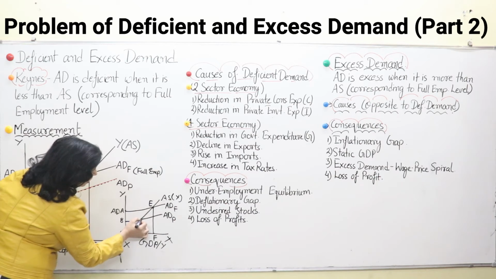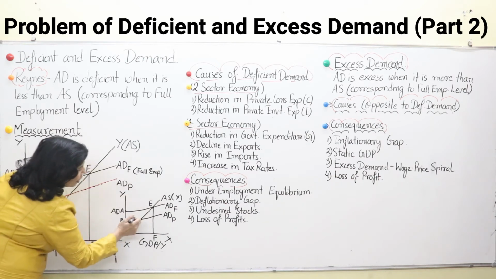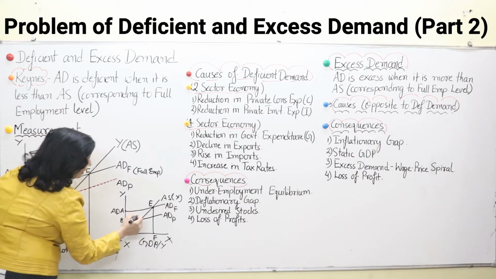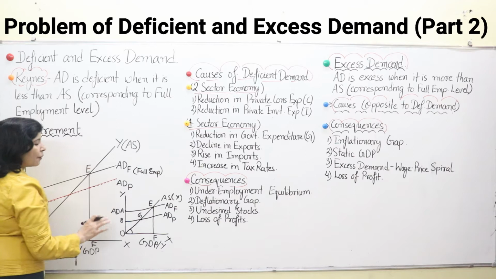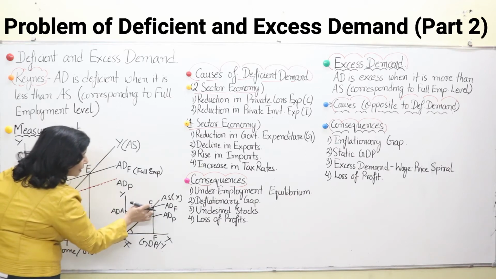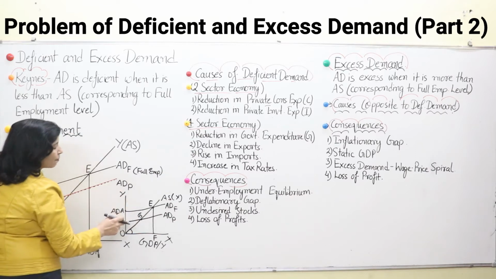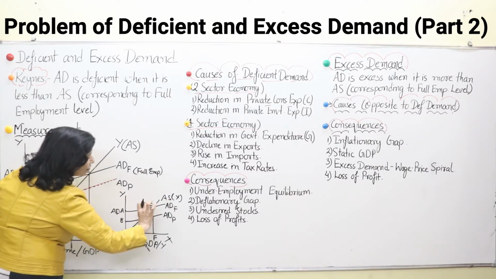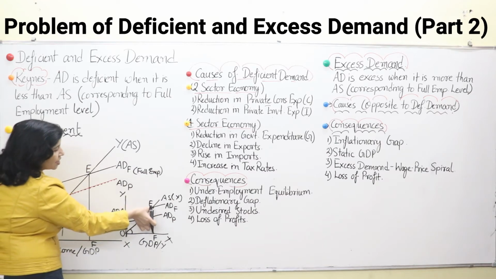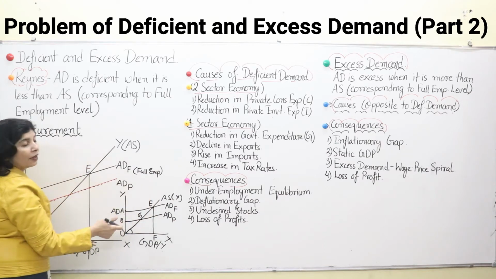Where is the intersection occurring? We have already seen F, so you can name it G. G is the point where aggregate demand and aggregate supply are intersecting, but this is less than the full employment level.